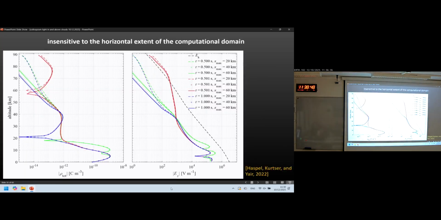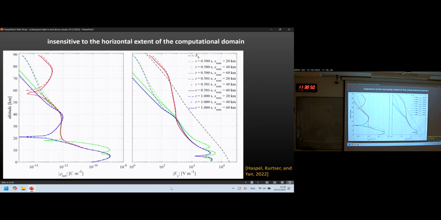Okay, a lot of advantages. I won't go through all of this because I think everyone's getting a little tired, but I'll just show one of the advantages is it's relatively insensitive to the horizontal extent of the domain. I can squeeze the domain from 60 to 40 kilometers, and I get the same result. If I squeeze it too much, if I make it only 20 kilometers, we start to see a little bit of difference.